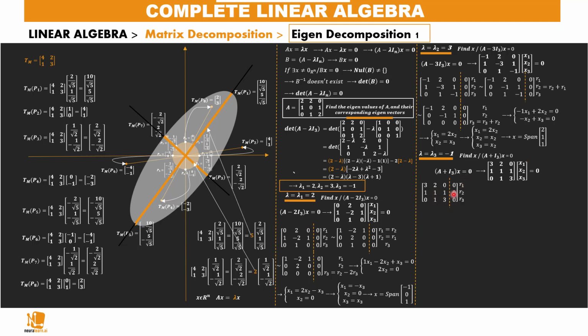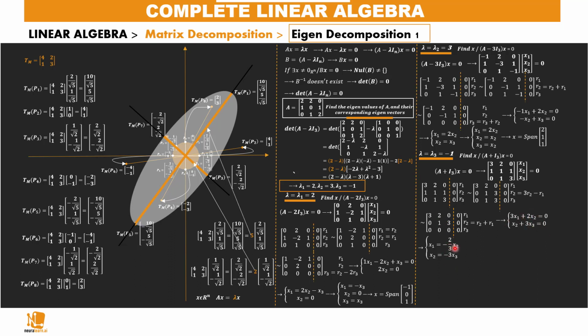Now, rewriting this equation, we'll try to send this left side to an echelon form. We'll go from this to this, and then to this, and finally, once we have the echelon form, we extract the system of linear equations.